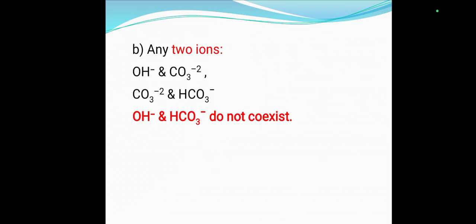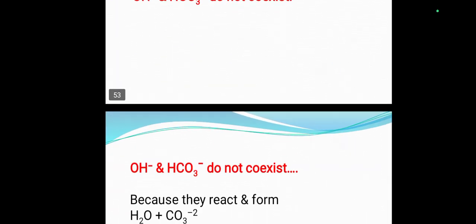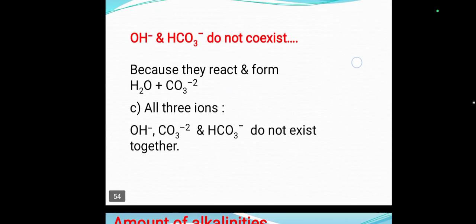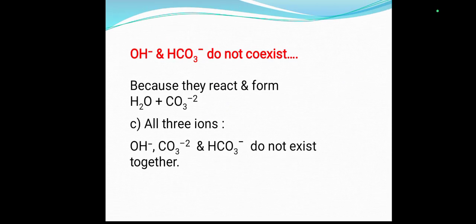What is the reason why OH minus and HCO3 minus are not present together? Because OH minus is very strong and bicarbonate is very weak, so OH minus reacts with bicarbonate and produces carbonate.